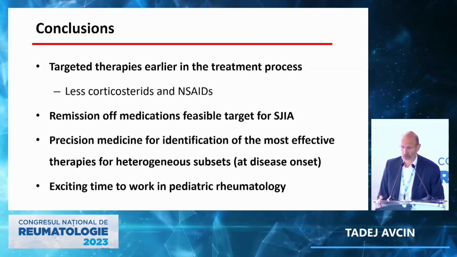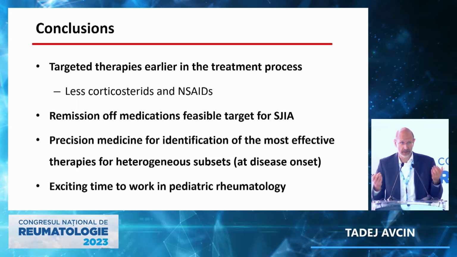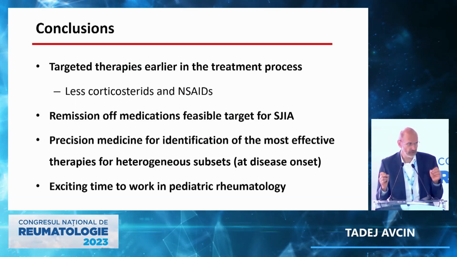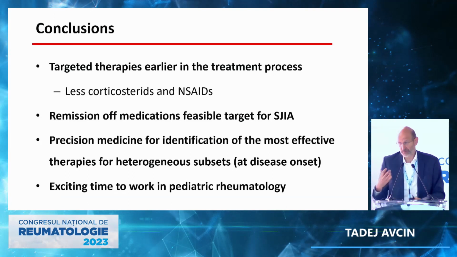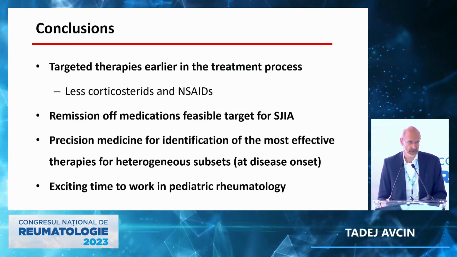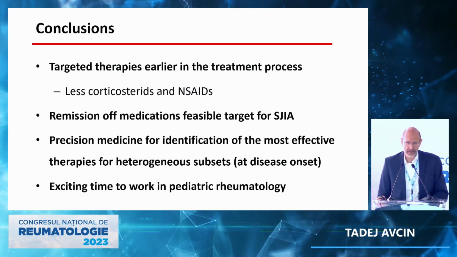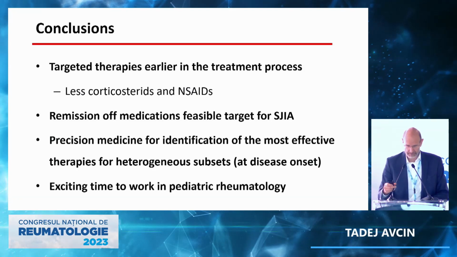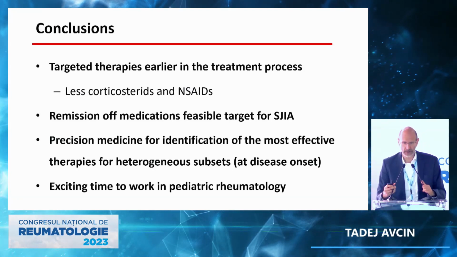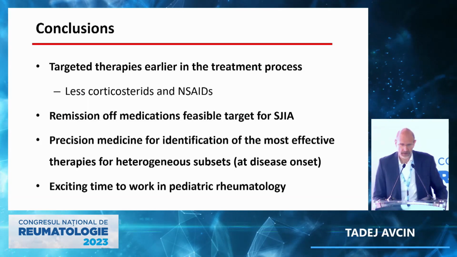So I would like to conclude that with targeted therapies, we are using this step-down treatment approach more and more commonly in our clinical practice, based on our clinical decisions and on the new medications that are coming. Inactive disease state is definitely a reachable target with the current treatments for juvenile idiopathic arthritis, and particularly for systemic JIA, with early treatment.